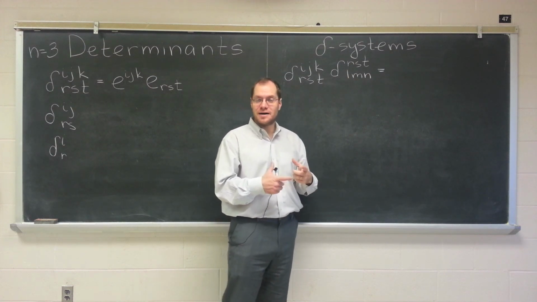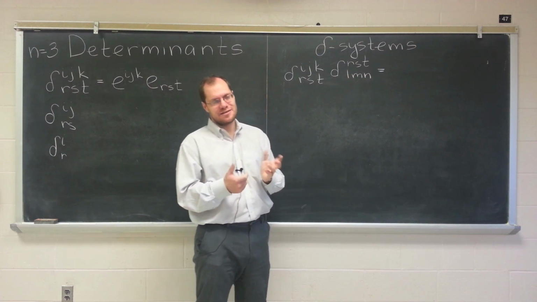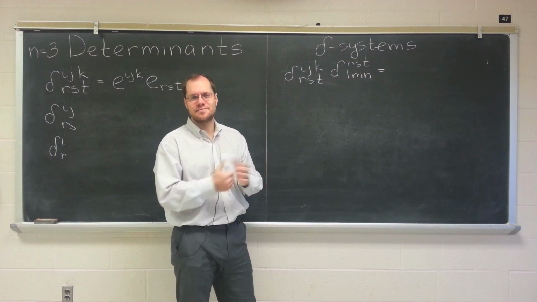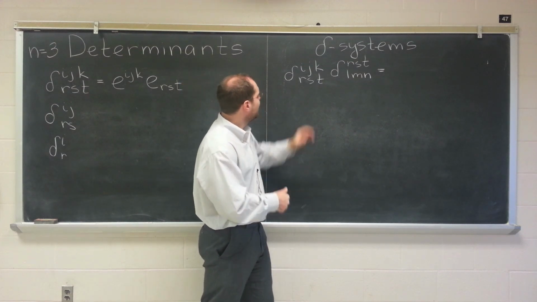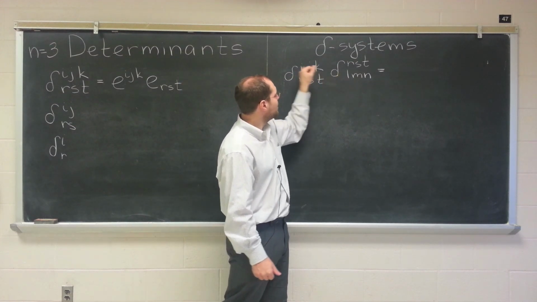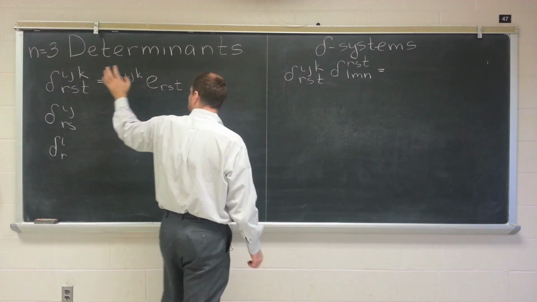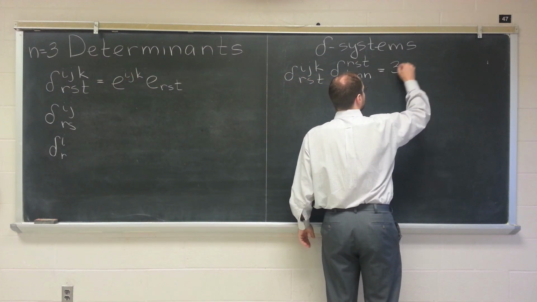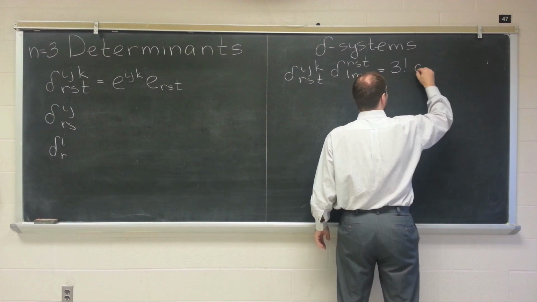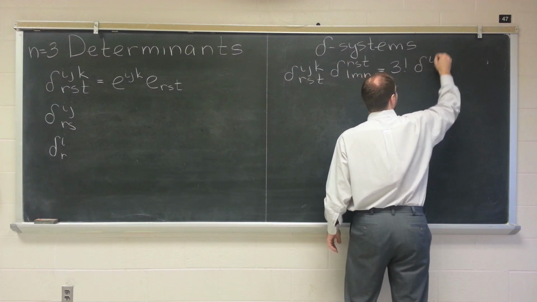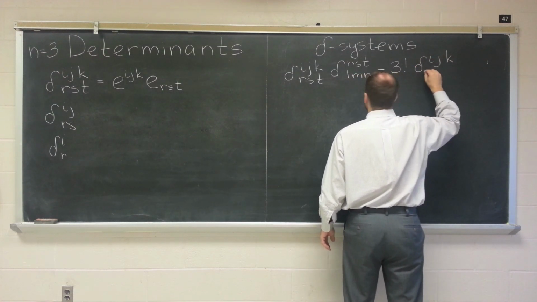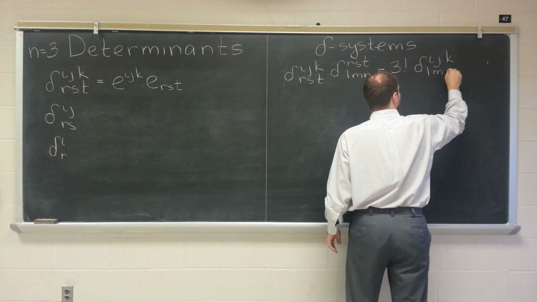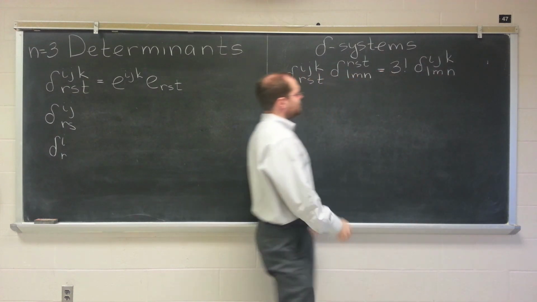The two of them combined is ERST, that's 6 from a few minutes ago. And then we'll be left with two other permutation systems which will combine to give a new delta system. So the answer is 3 factorial delta I, J, K, L, M, N. Very nice.